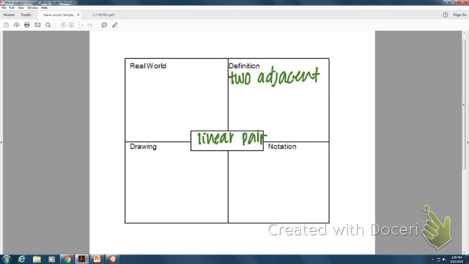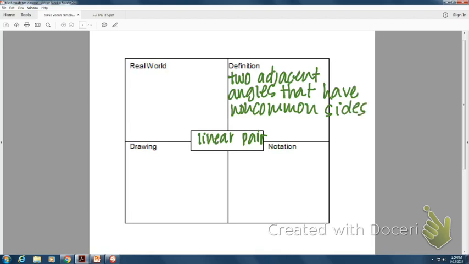So two adjacent angles that have non-common sides, and I'll explain that in a second. Non-common sides that form a line.